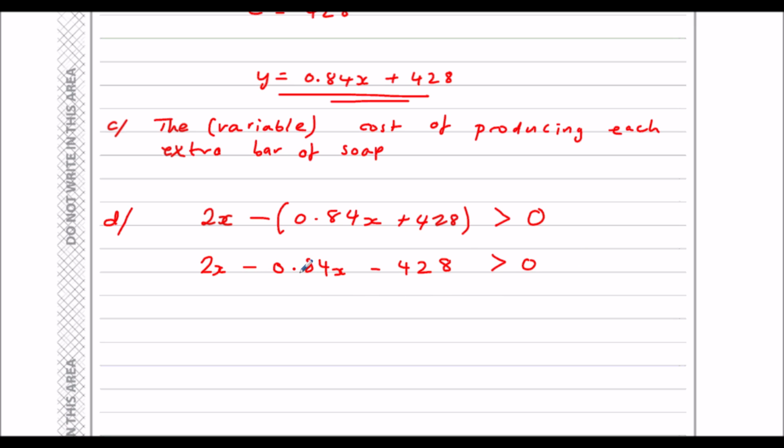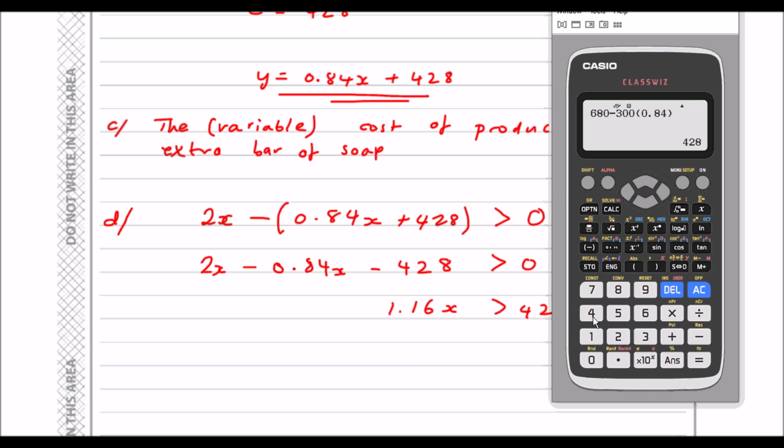So 2 minus 0.84 is 1.16. And if I add 428 to both sides, I want to know x. So divide both sides by 1.16.